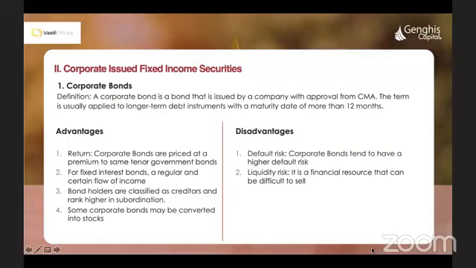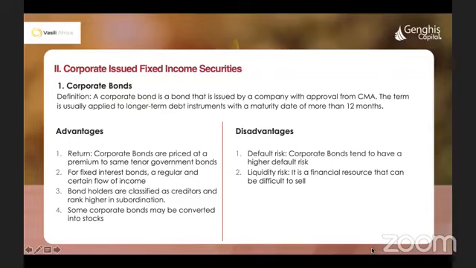Advantages for this instrument, in terms of return, they are usually priced at a premium compared to government bonds. Similar instruments, let's say a 5-year government bond and a 5-year corporate bond, cannot earn the same because the entities standing behind these two instruments are different in terms of risk profile.